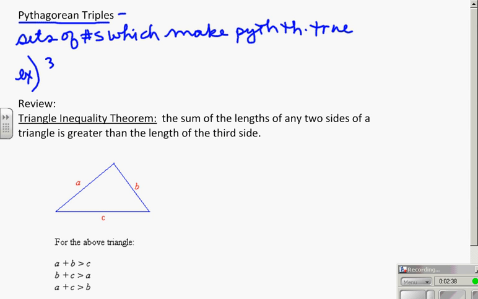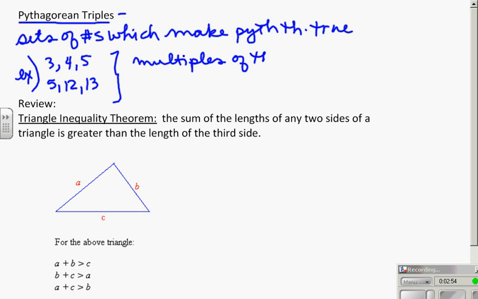So for example, some common ones are 3, 4, 5, and 5, 12, 13. Now the cool thing is, not only is it those numbers, but multiples work also.